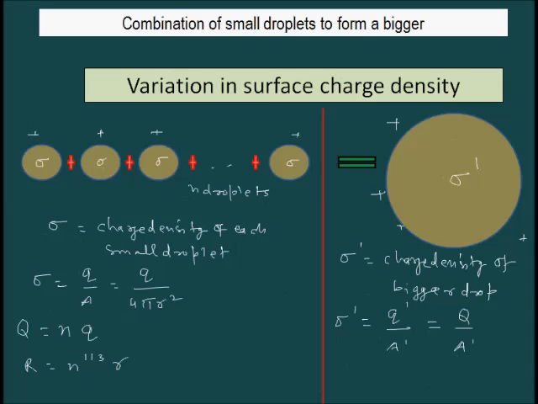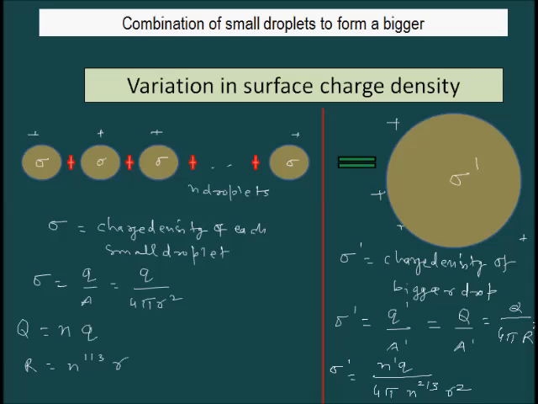If we put these two, we can write Q by 4 pi radius of big drop square, so the new charge density is nq over 4 pi n to the power 2 by 3 r square.